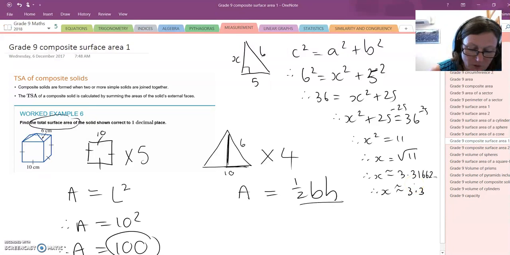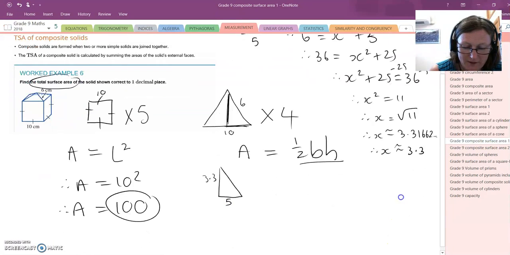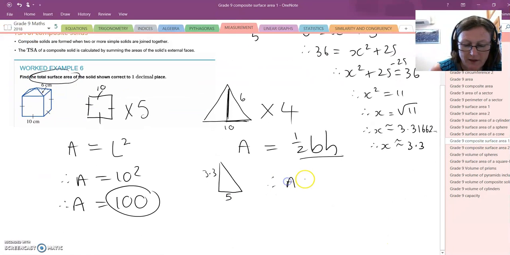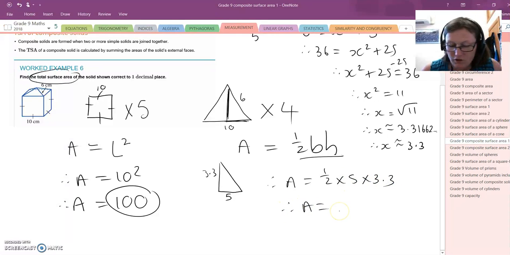So we've got a triangle that's 3.3 height and 5 base. So we say the area is half times 5 times 3.3. The area of each triangle is 8.25. I must have done something wrong there. No, I think it's 8.25. Oh, sorry.